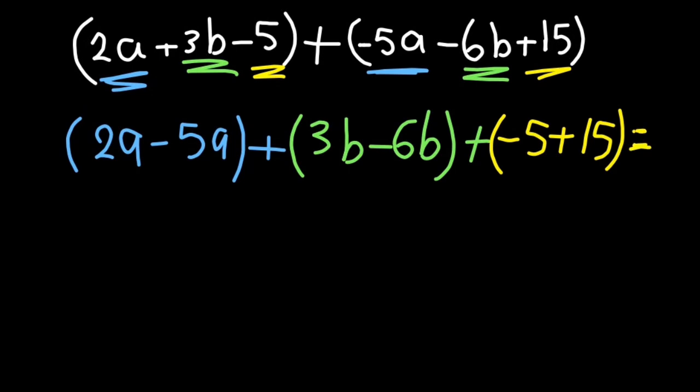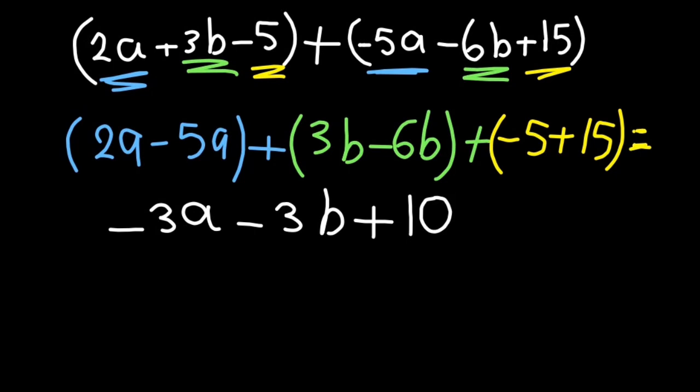Let's start simplifying. 2 minus 5, it is opposite signs, subtract, so it is negative 3a. 3 minus 6, it is negative 3b. Negative 5 plus 15, opposite signs, subtract, so it is plus 10 or positive 10. So we wrote it in the simplest form, no more steps.